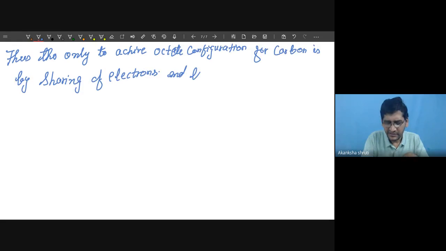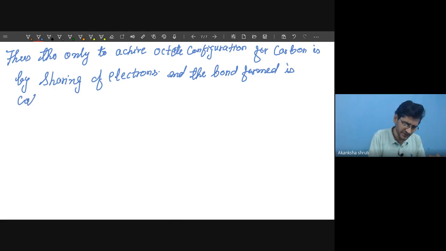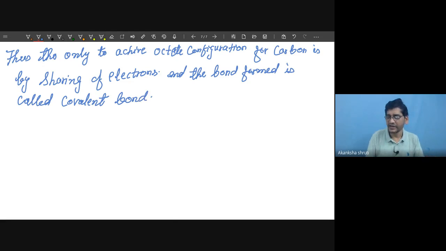And the bond means associating, the force of attraction which can hold 2 or more atoms together. And the bond formed is called covalent bond. Ready?